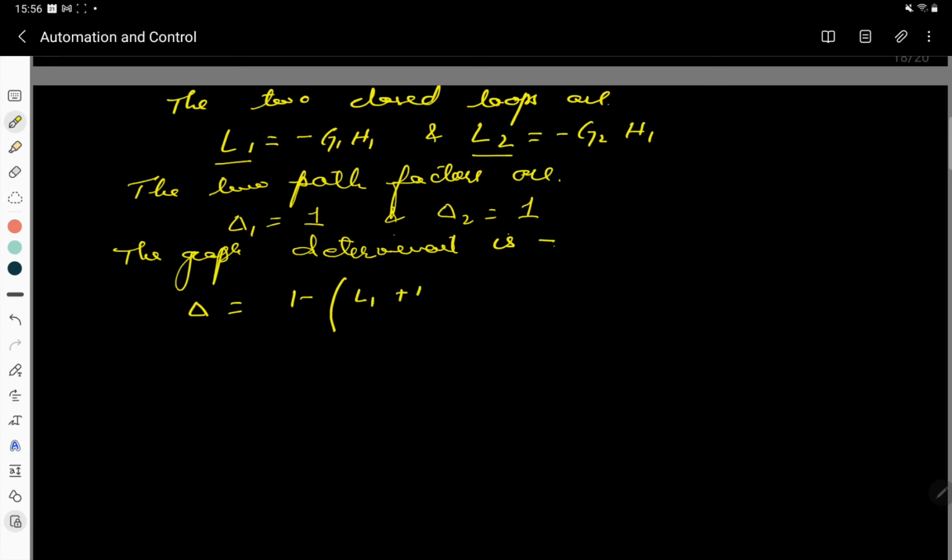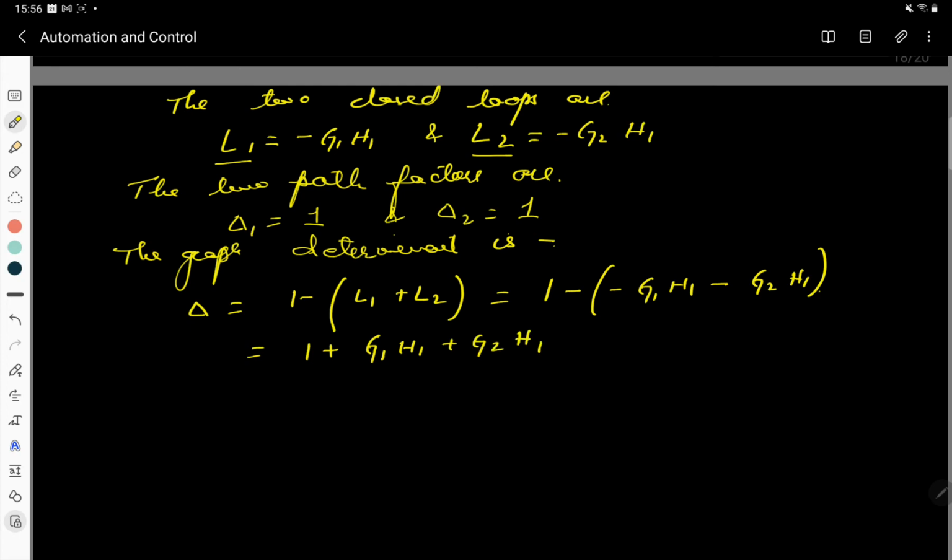The sum of all individual loop transmittances is given by L1 and L2. We can put the values of L1 and L2 in this. L1 is minus G1 H1, minus G2 H1. If we open the bracket, this will give us 1 plus G1 H1 plus G2 H1.